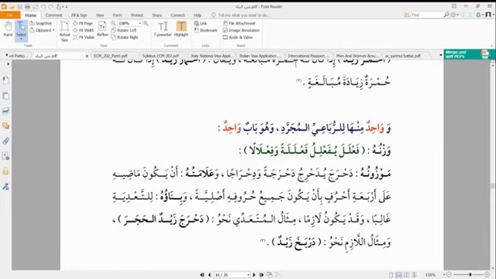So dahroja means to roll, he rolled. Yudahriju is rolling. Dahrojatan, to roll something. Wa dihrojan, same thing as dahrojatan. Wa alamatuhu, how do we recognize it?